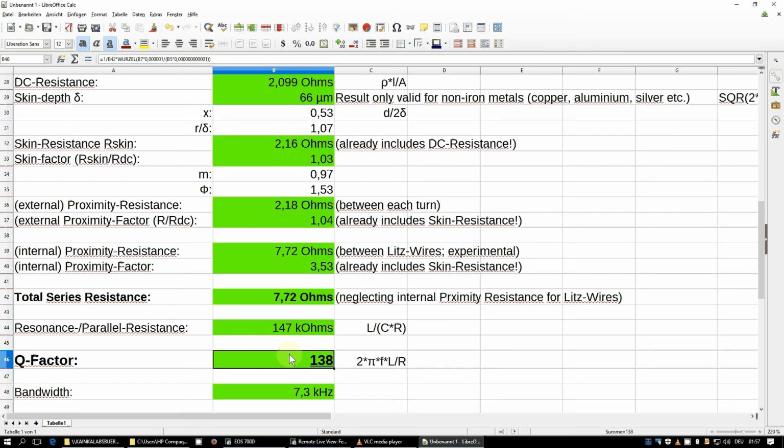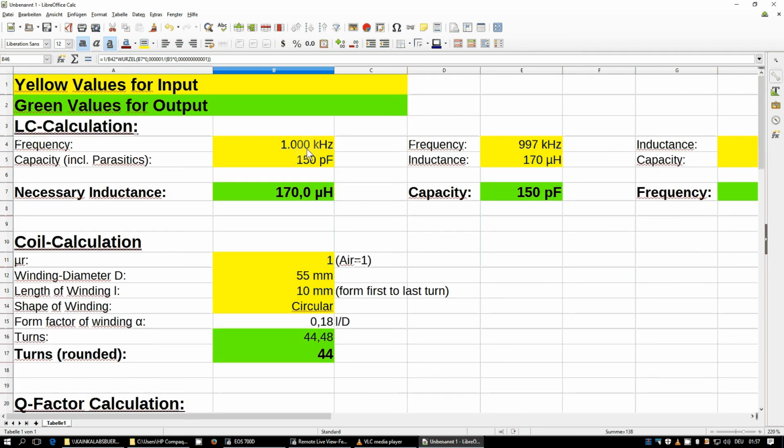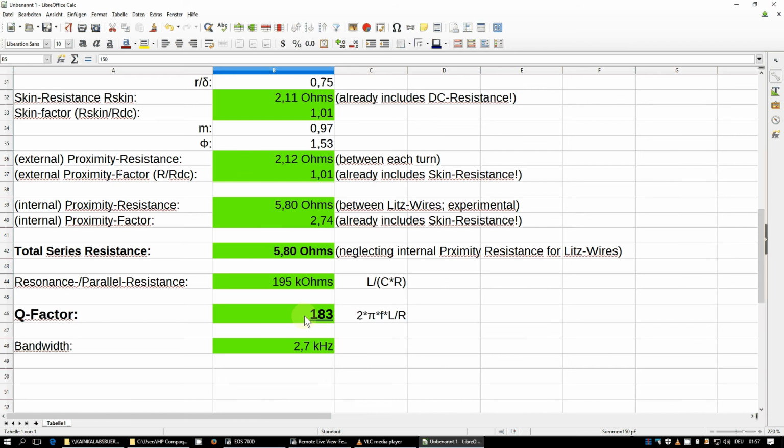Finally, just for demonstration, let's change the frequency to demonstrate how frequency dependent the Q factor is. We go to the lower end of the AM medium wave range, around 500 kilohertz, and we see the Q factor has gotten a little bit better, to 183.